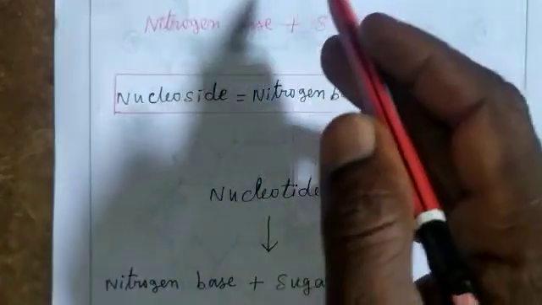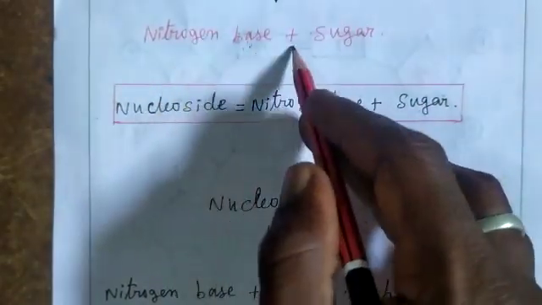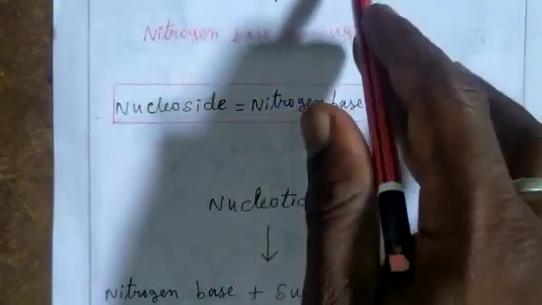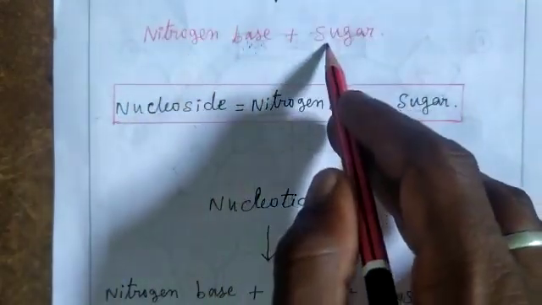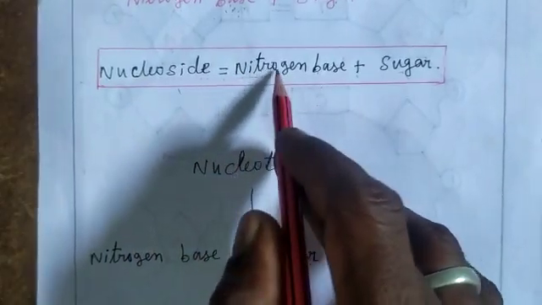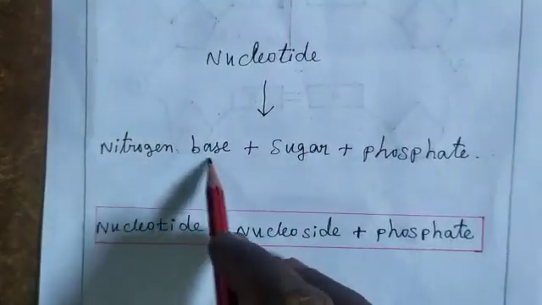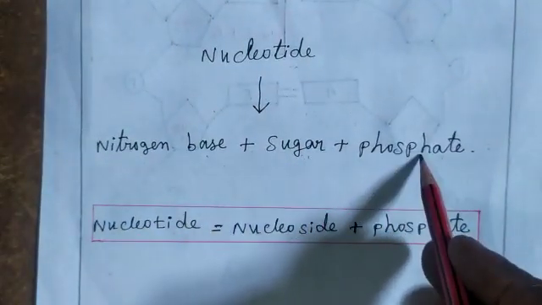Next, nucleoside and nucleotide. What does a nucleoside consist of? Nitrogenous base plus sugar. A nucleotide consists of nitrogenous base, sugar and phosphate.